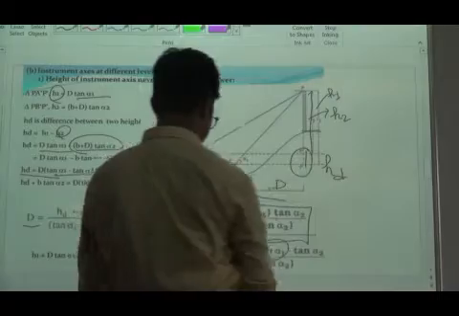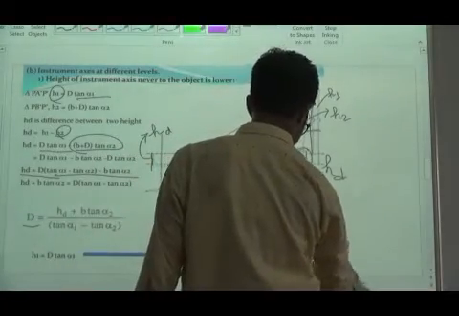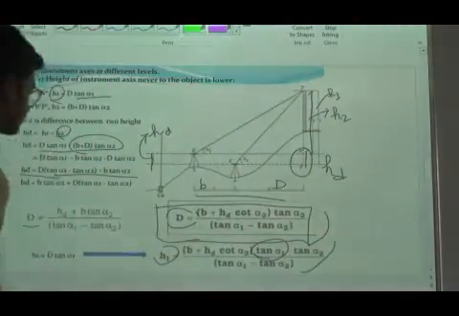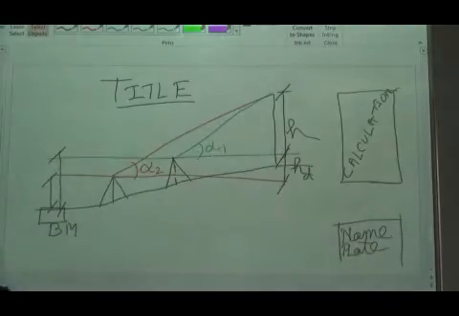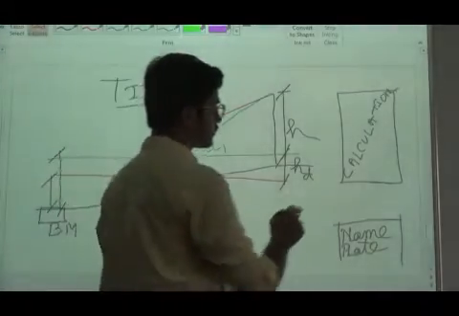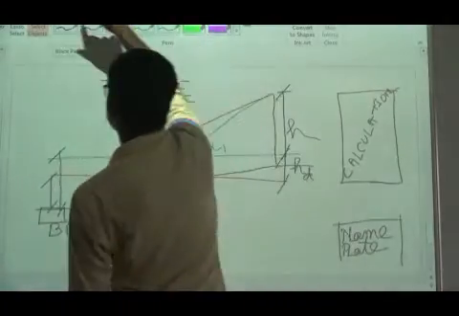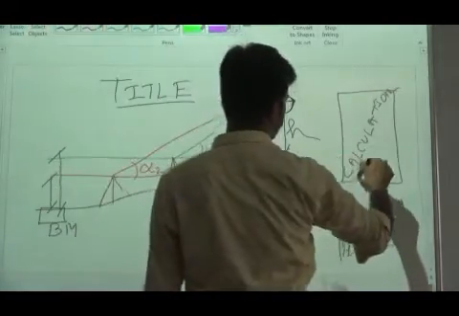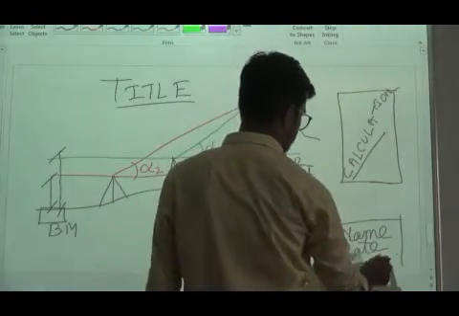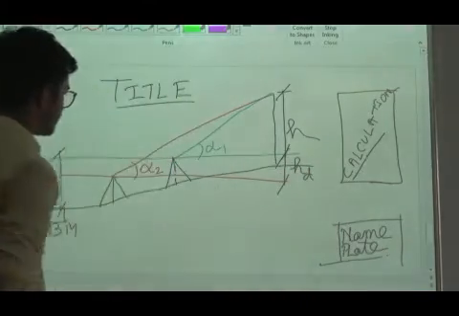The calculation will be in this format. H and D will be calculated by this, and the calculation part is to be mentioned here, and the nameplate and the title box will be there.